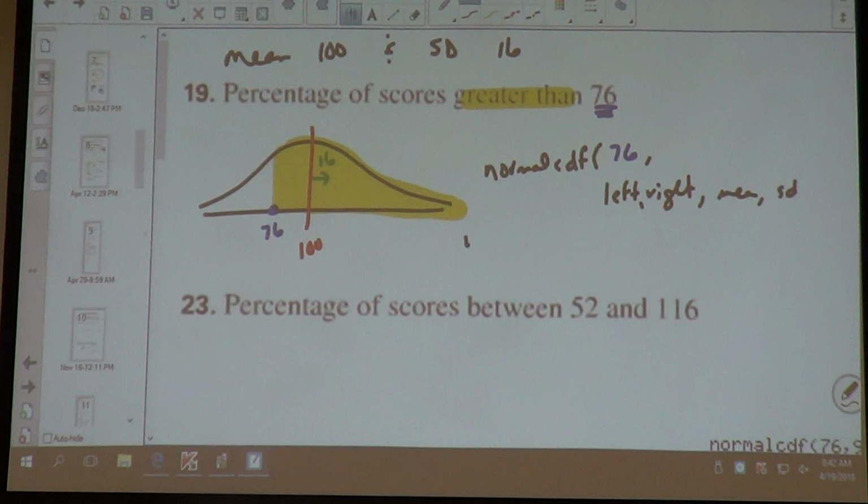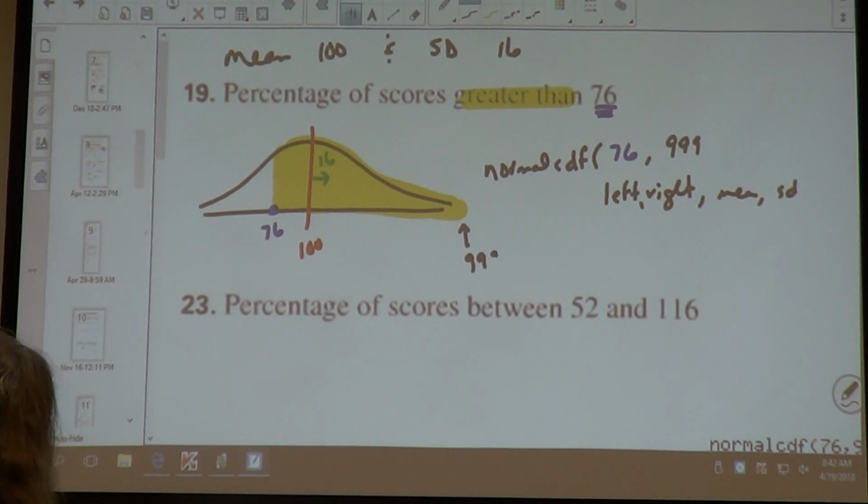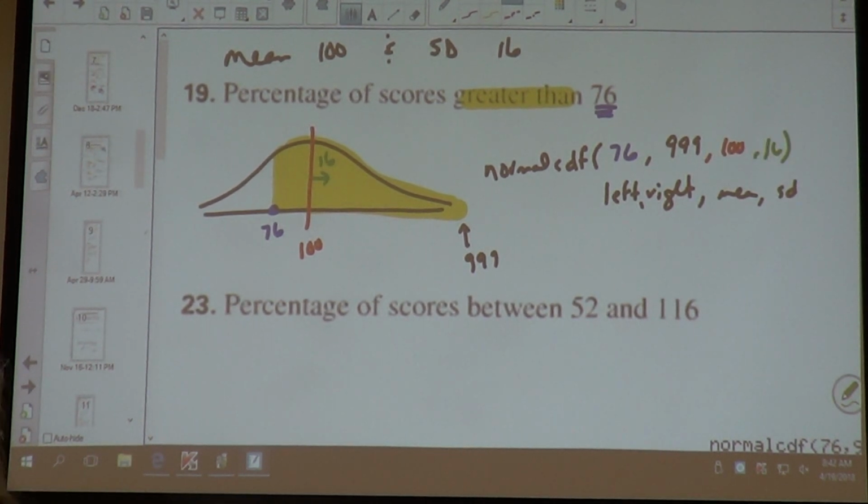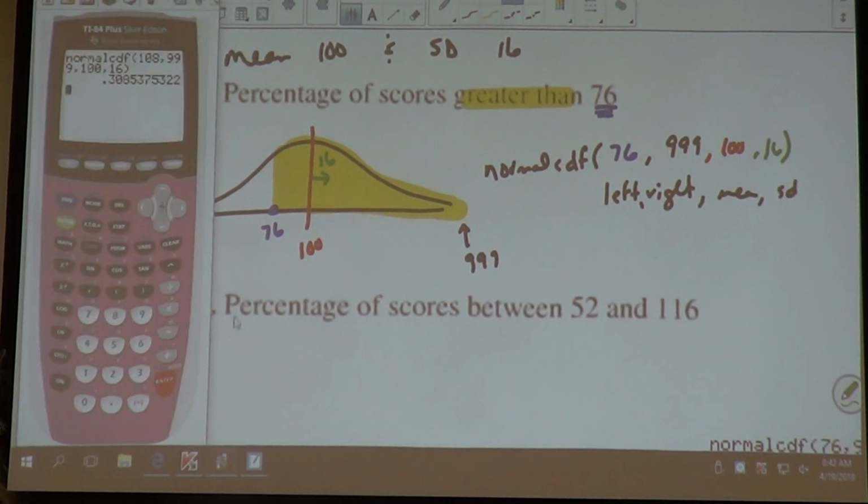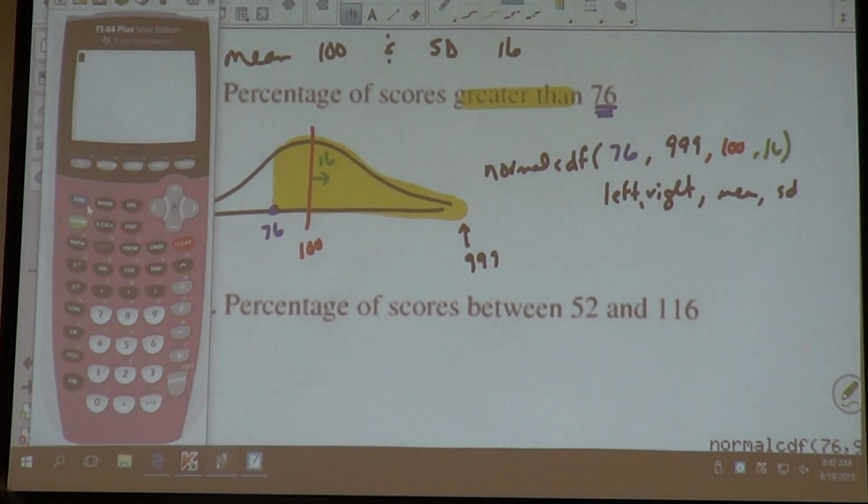Our right is where we ended up on the right, which is 999. Our mean is 100. Our standard deviation is 16. So I'm going to do second bars, normal CDF, 76, 999, 100, 16.